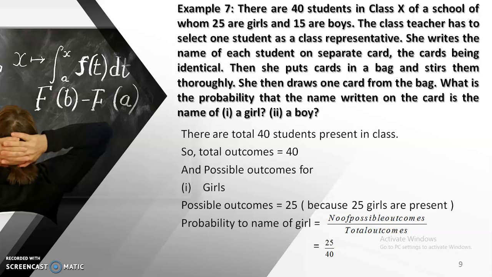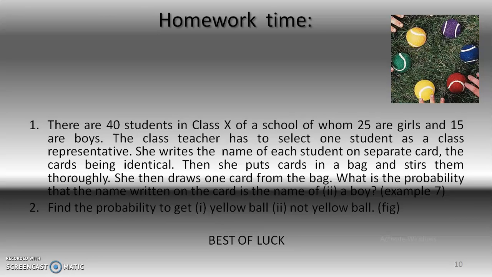And for boy, I am giving you just guidance: 15 boys means 15 divided by 40. Right? You should give me the answer in the next session. So go to the next.